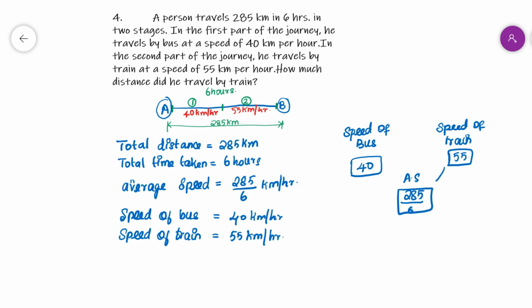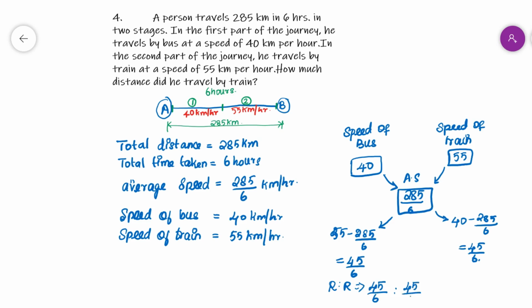Now 55 minus 285 by 6 gives you 45 by 6, and 40 minus 285 by 6 gives you 45 by 6. So the ratio of the speed of the bus to the speed of the train is 1:1.